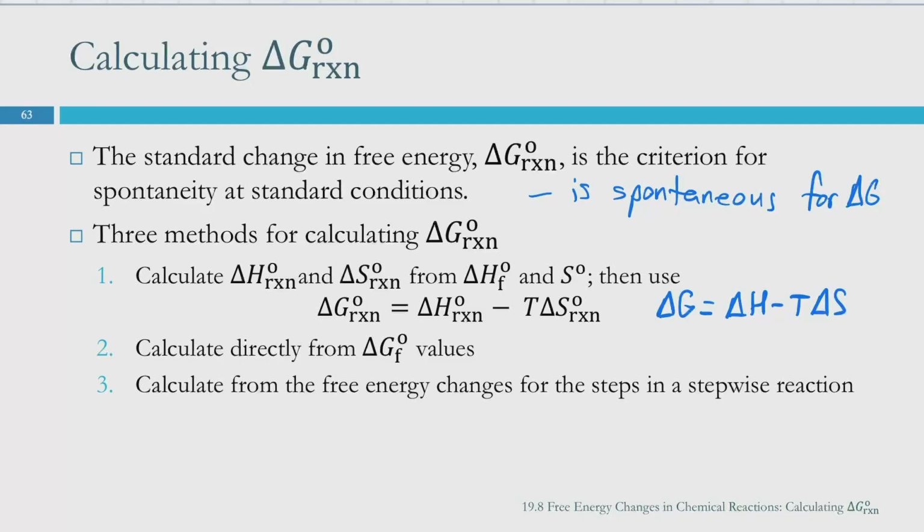We can also calculate directly from our standard free energy of formation values. And we can also calculate from free energy changes for steps in a stepwise reaction, since G is a state function.